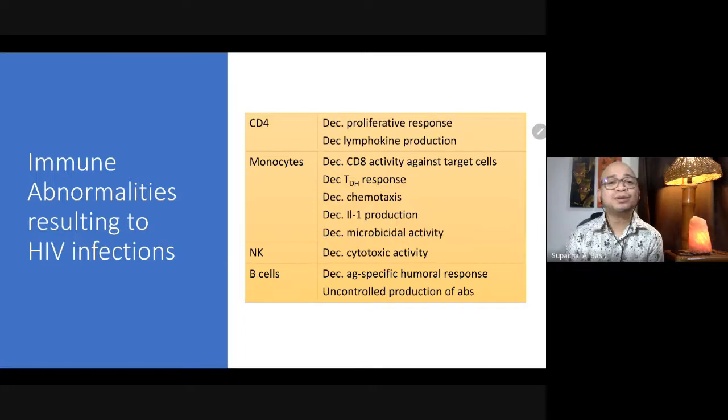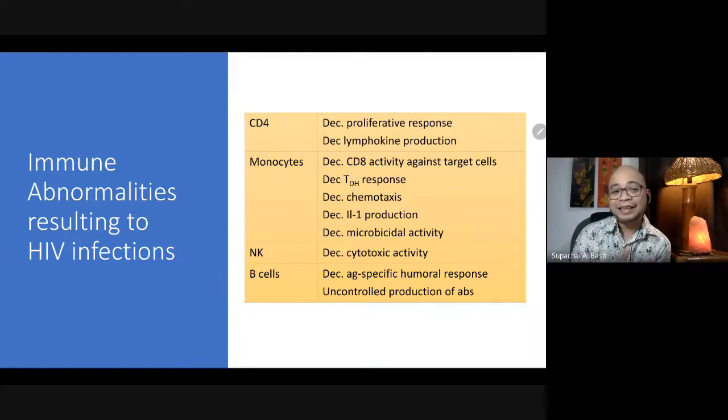There would be decreased CD8 activity against target cells, decreased delayed hypersensitivity response, decreased chemotaxis, decreased interleukin 1 production, decreased microbicidal activity, decreased cytotoxic activity for natural killer cells, and for B cells, there would be decreased antigen-specific humoral response and uncontrolled production of antibodies.